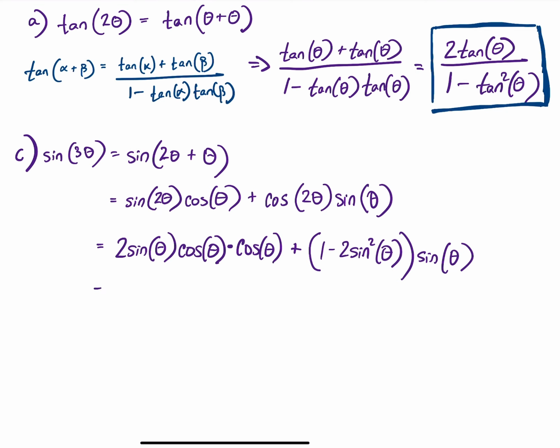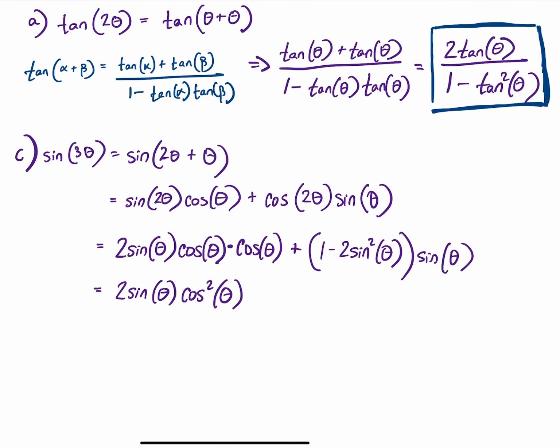All right, let's keep simplifying. So the first term, notice we have 2 cosines multiplied. That's 2 sine theta times cosine squared. And then let's distribute this sine to both terms here.